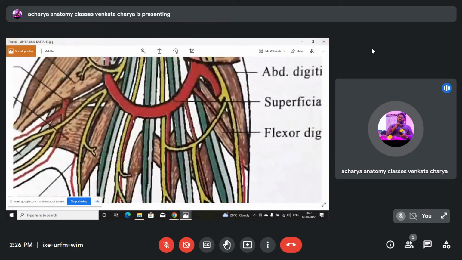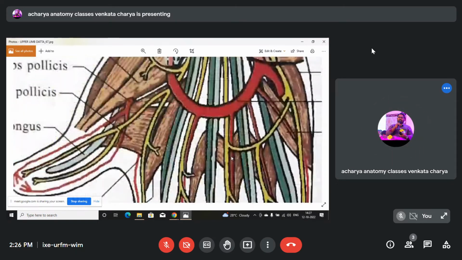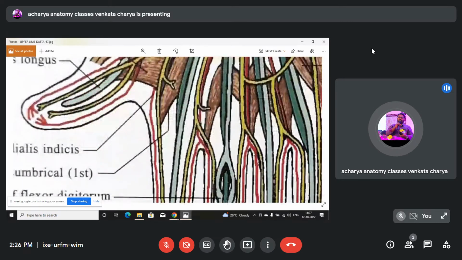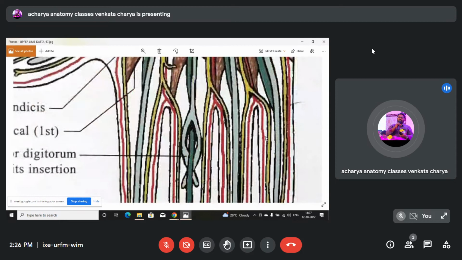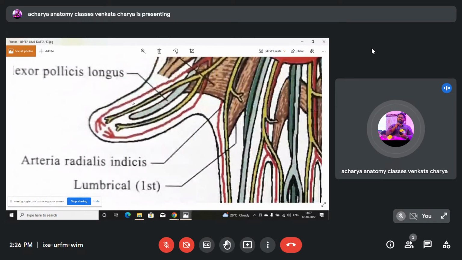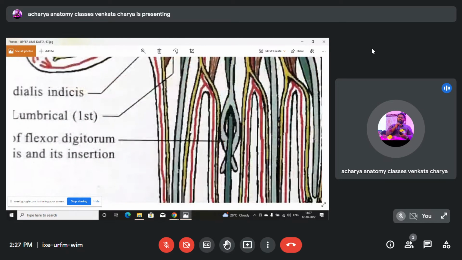This superficial palmar arch gives 1, 2, 3 common distal arteries and one proper distal artery. Each common distal artery bifurcates and gives 6 proper distal arteries. The first distal artery, second, third proper distal artery, and from the fourth we write.